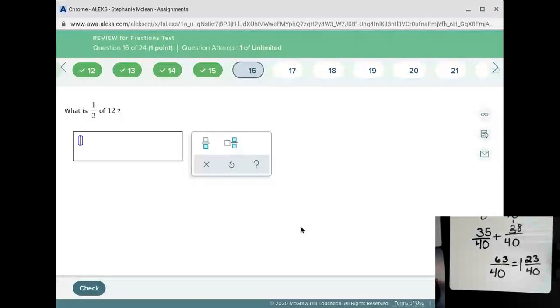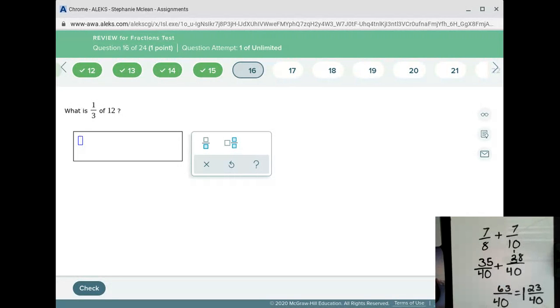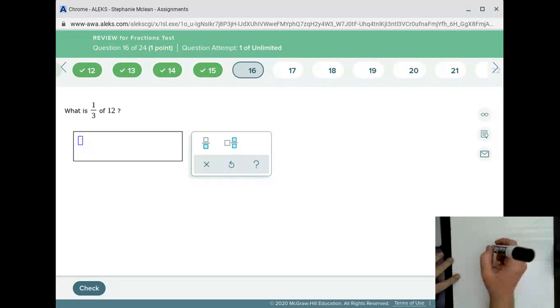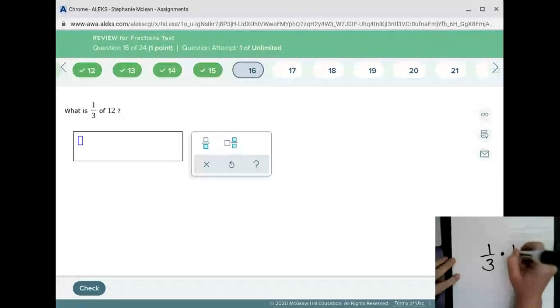All right, what is 1/3 of 12? So I'm going to show you guys how I do a shortcut on this. So I have 1/3 of 12, or I can say 1/3 times 12. Here's how I do this. I take 12 and divide it by my bottom.